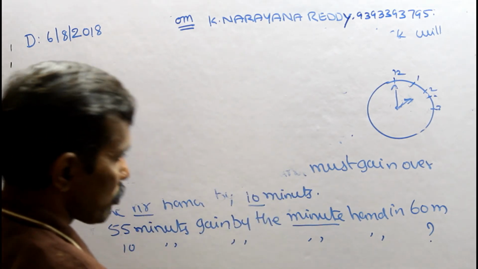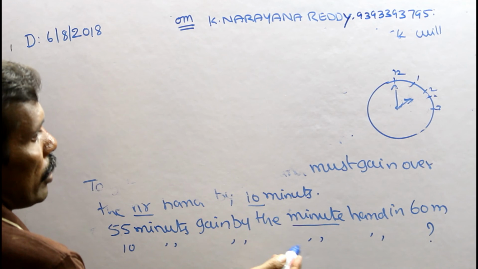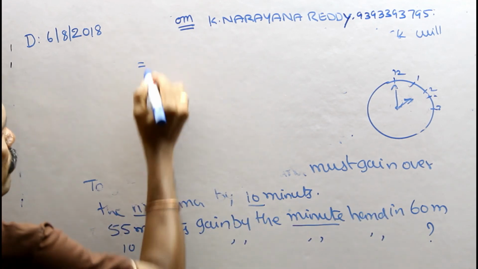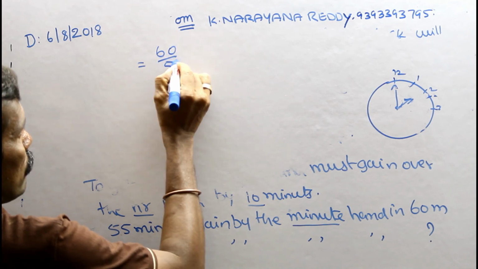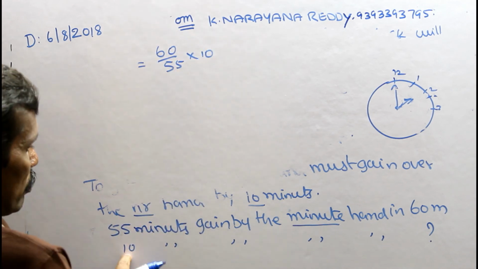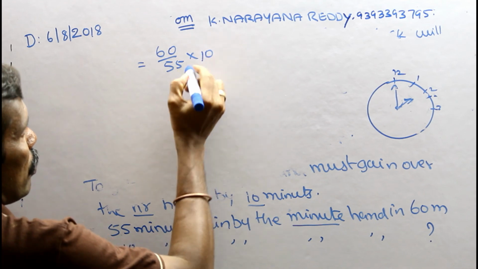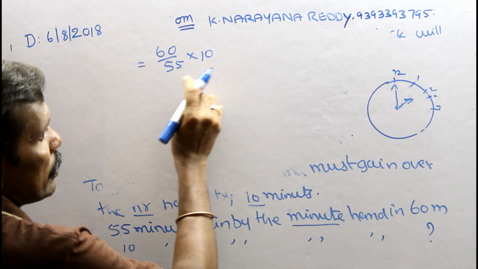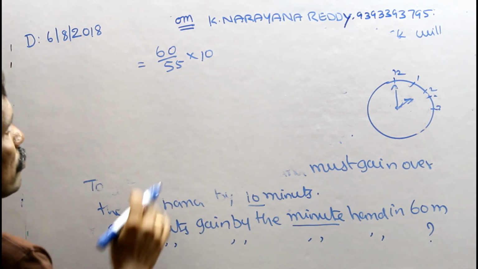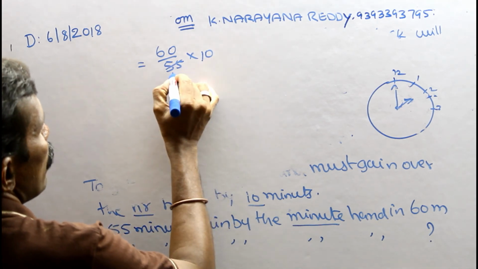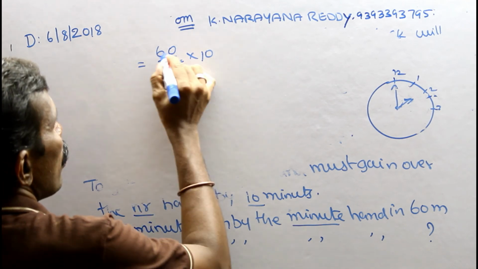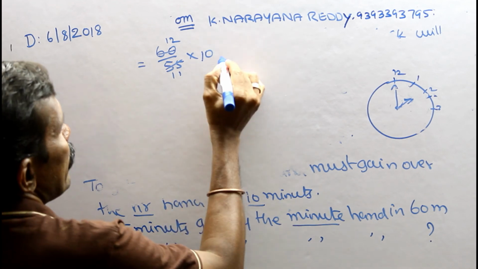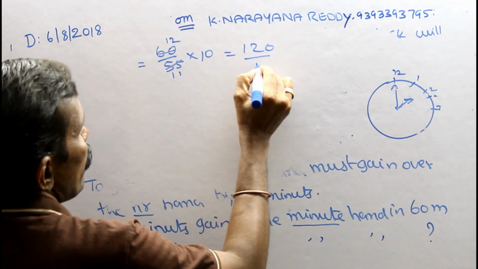See here? That means 60 by 55 into 10. So 60, 5 11 ja 55, 5 12 ja 60. Okay, that is 120 by 11.